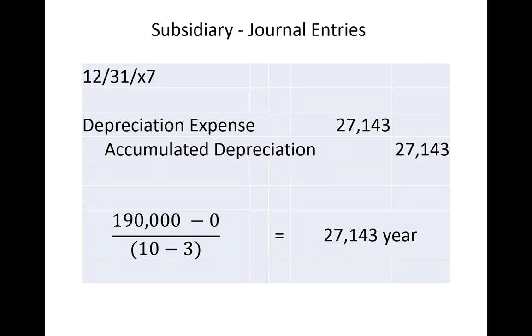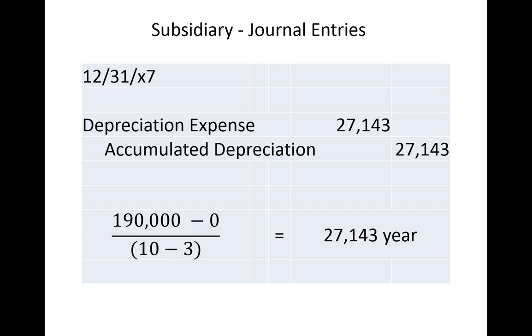And what they're going to do is the following. We're going to take the cost minus the salvage value, but there's going to be a little difference here. Now, the equipment has a 10-year life, and that 10-year life is going to follow that equipment for the entire process, since this is a related party sale.